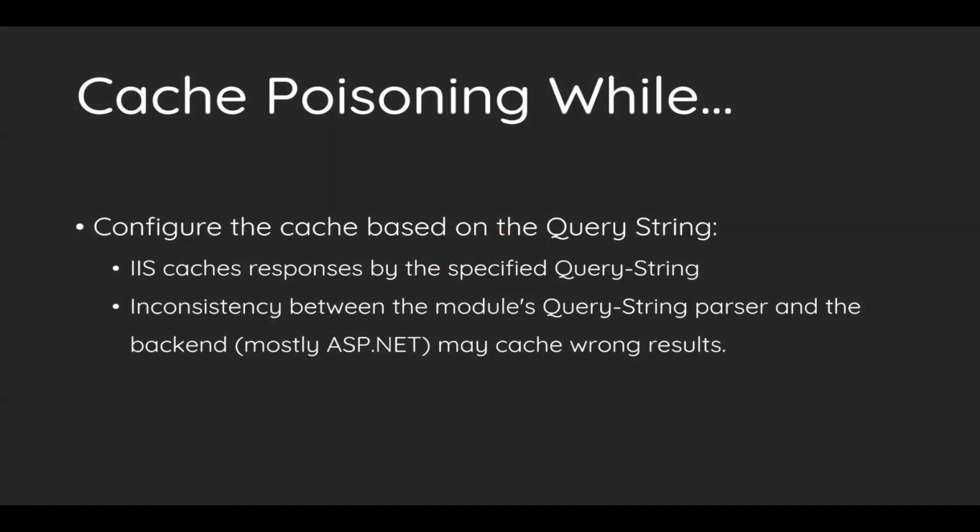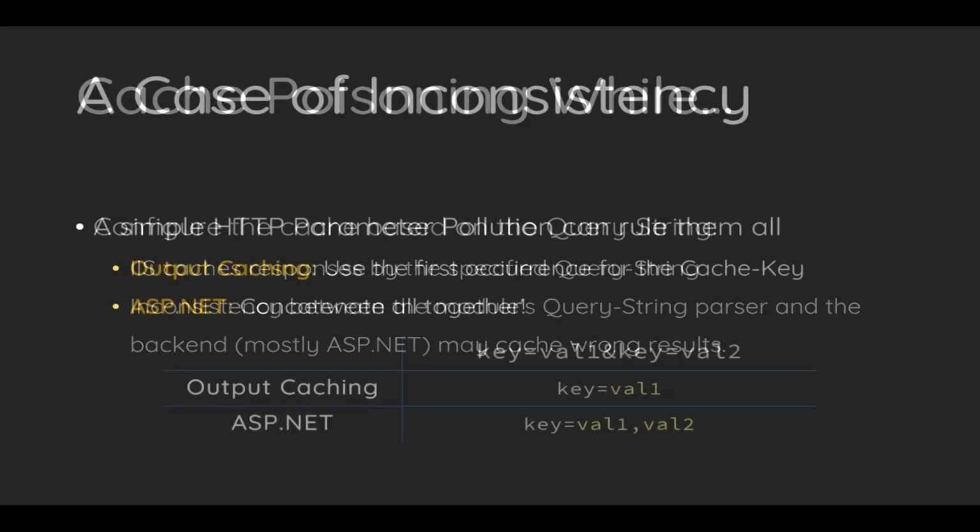So the root cause of the cache poisoning is that the module uses a bad parser to handle the query string. Assume that you have already set out the rule to cache a specific parameter. An inconsistency between the module and the backend may lead IIS to cache the wrong result.